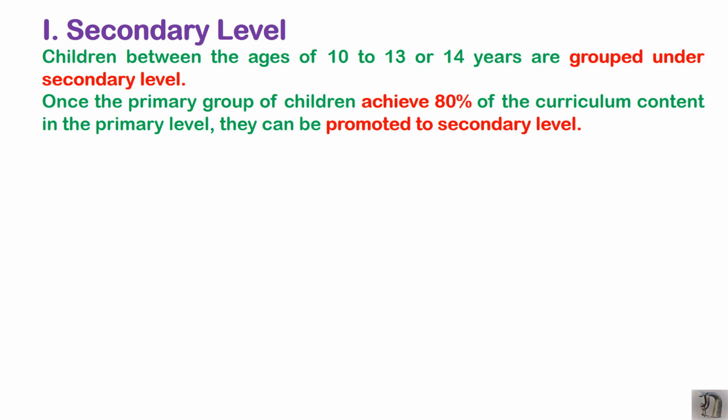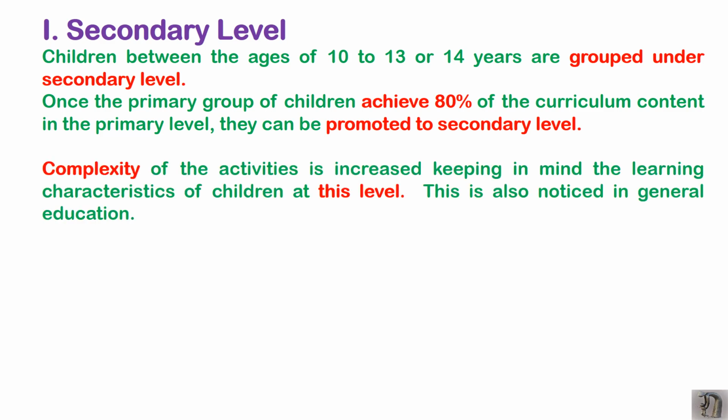So once they achieve 80% from primary curriculum, then only they will be shifted to secondary level. As I said, I have explained in detail. You can just go through it. Okay, here we are going to focus only on main points which are required for you to understand and write in your examinations. Complexity of activities is increased, keeping in mind the learning characteristics of children at this level.